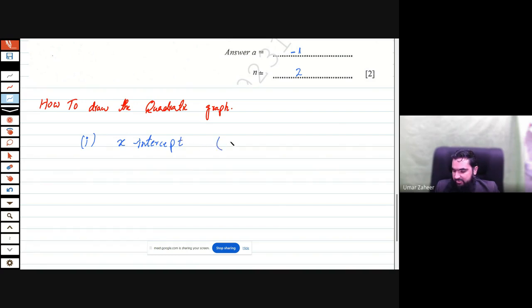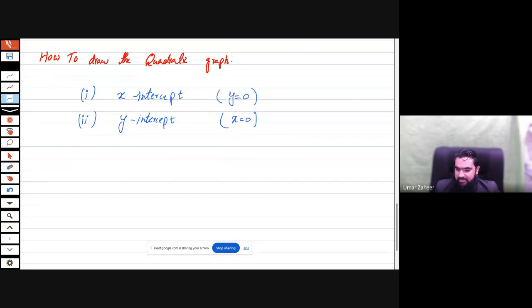For that purpose, you have to take the y value, because we know that on the x-axis the y will be 0. The second thing that you have to find is the y-intercept. For the y-intercept, we know that on the y-axis, x is equal to 0. And the third thing that you have to be sure of is the turning point. You have to find the turning point by using the completing square method.